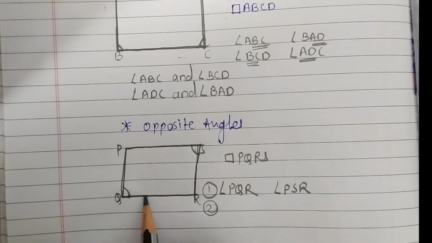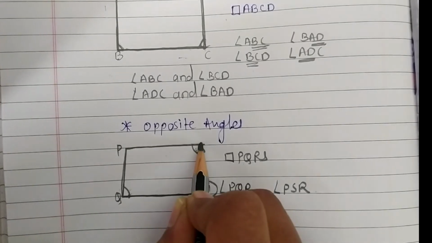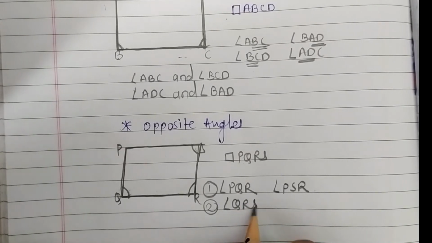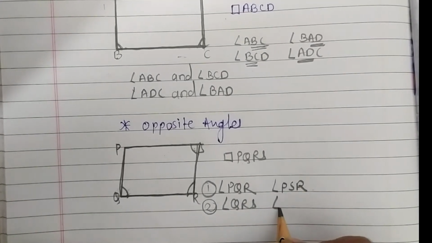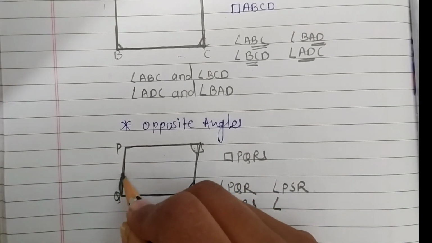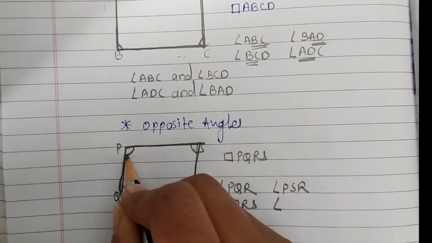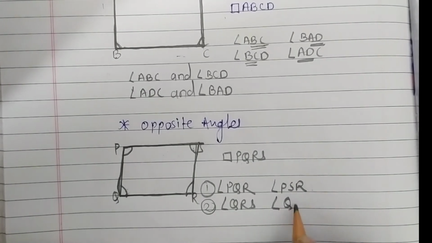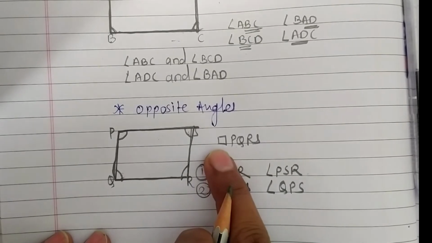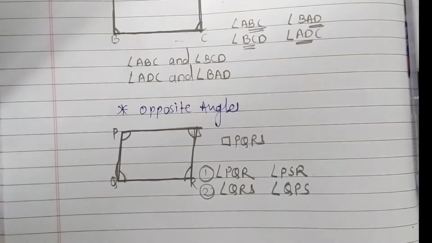Now let's write the second pair. Angle QRS, this one, and angle QPS, this one. These are the opposite angles of quadrilateral PQRS.